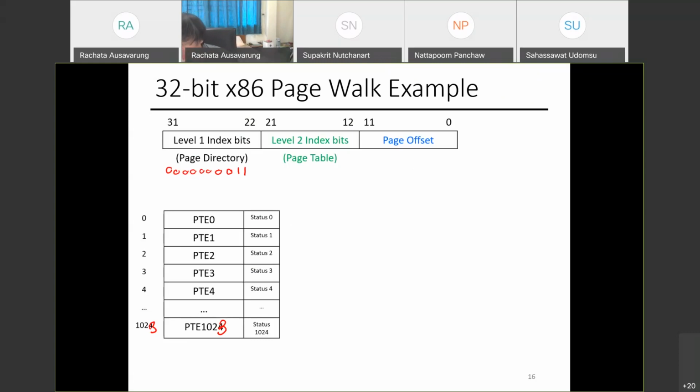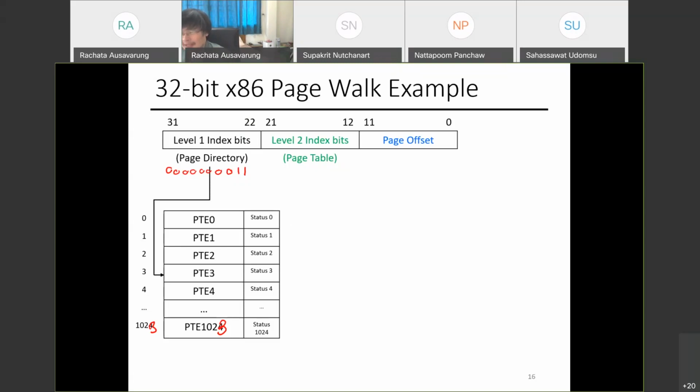So that's 10 bits, right? Which PTE am I pointing at from this table? PTE3, actually, because basically you translate directly the index. Right now, the index bits for level 1 are 1, 1. What is 1, 1? 3. So you point to PTE3, right?